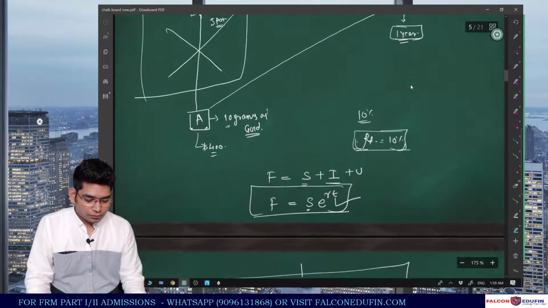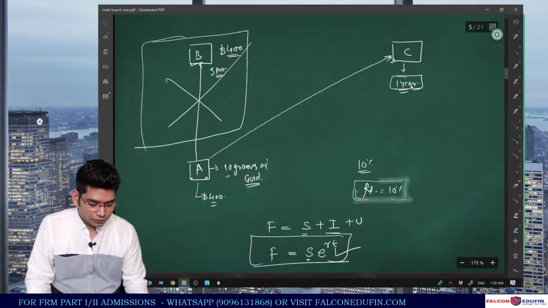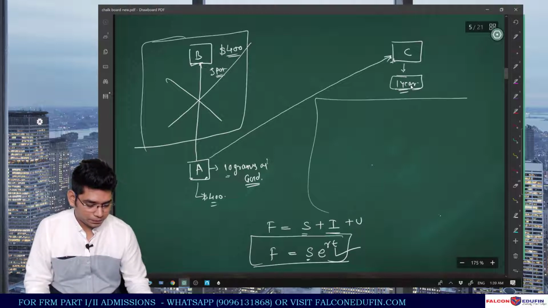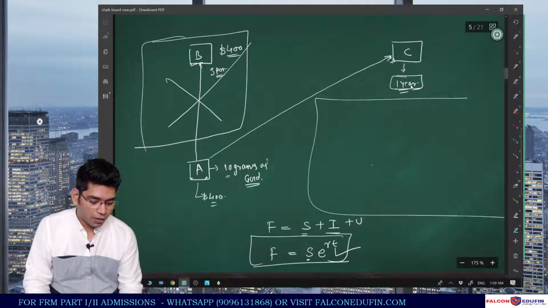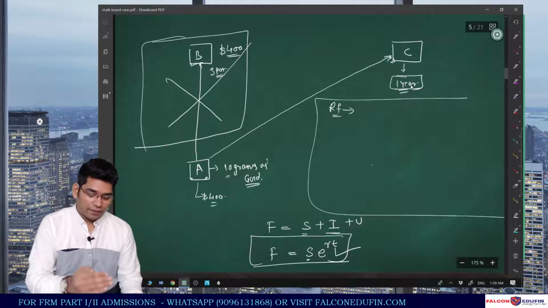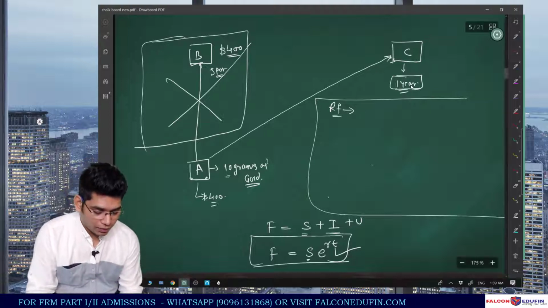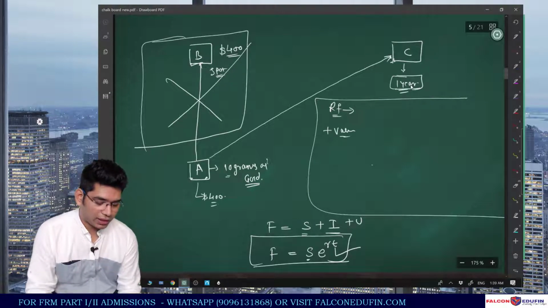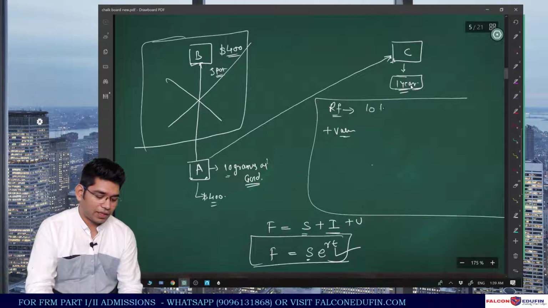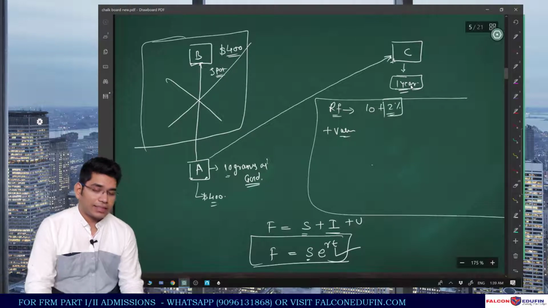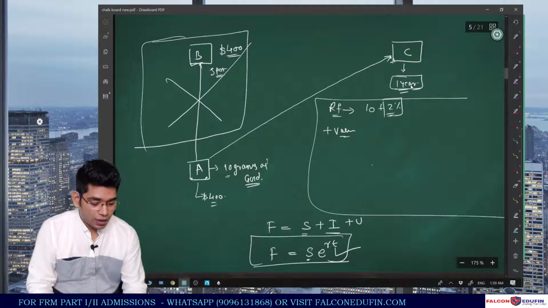First of all, you always earn the risk free rate. And whatever is the added value over that risk free rate, say 10% is the risk free rate and 2% is the risk premium, this 2% you are earning for taking risk.